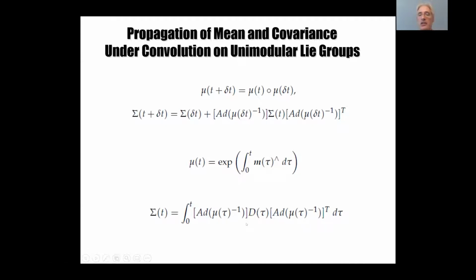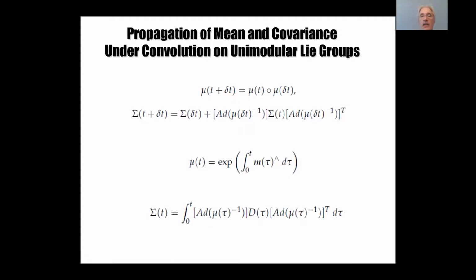And what's interesting about this is that even if D is singular, by applying this Adjoint on both sides and then integrating, the resulting covariance need not be singular. So in other words, there's a mixing that goes on for a non-commutative Lie group that does not happen in the abelian case.